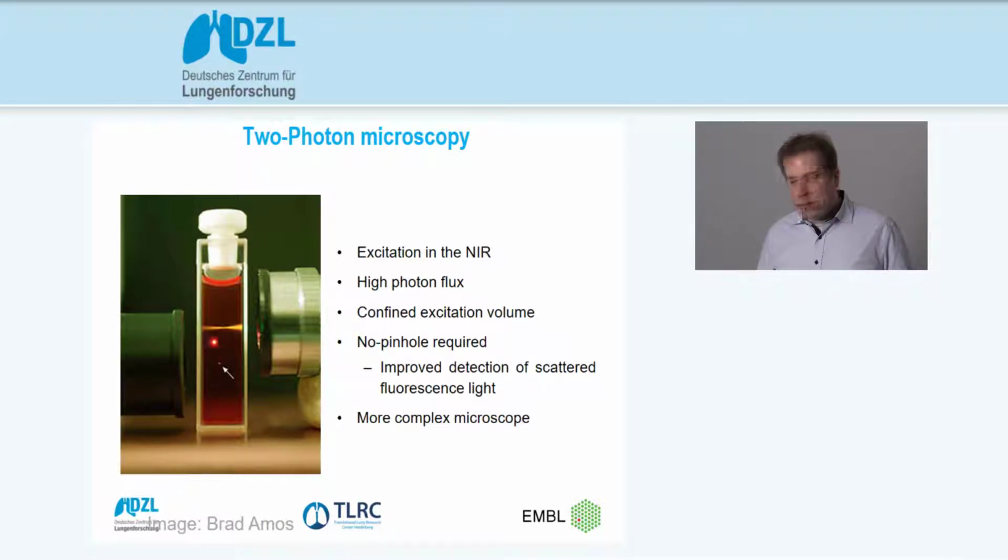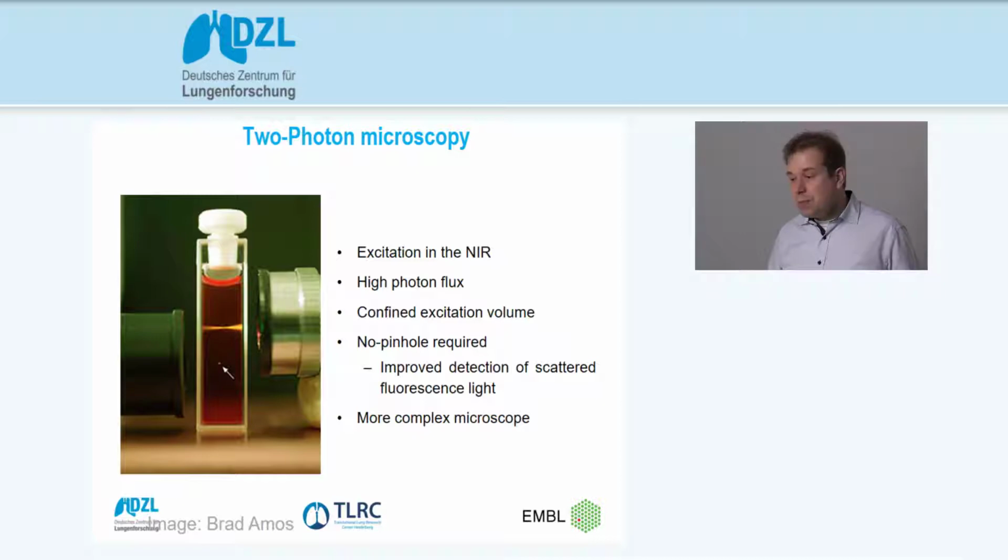However, if we have this interaction of two photons in a short time frame, in this two-photon excitation, this near-infrared excitation, we can only excite the fluorophores just in the center of this diffraction-limited spot, just in this focal spot of this lens. And therefore we have a very confined region where fluorescence is emitted.